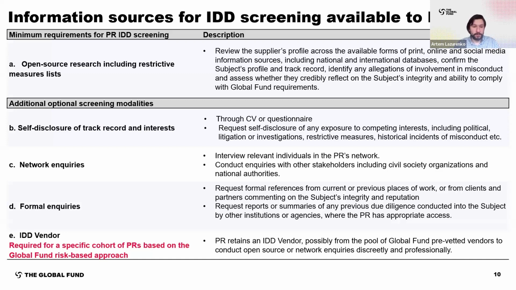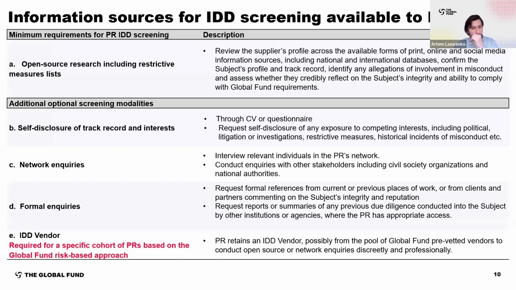This last one is a useful complement to open source research, because you might have found online that a particular counterparty has been linked to a large corruption scandal, maybe has been investigated by your local authorities.